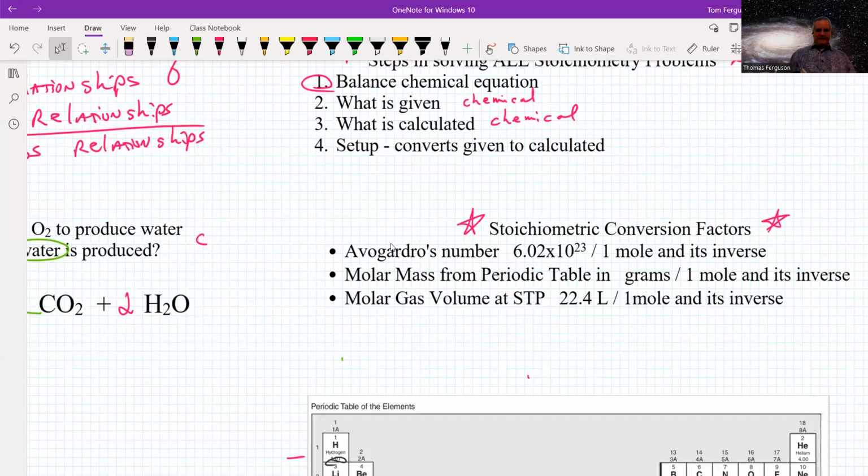The typical conversion factors for this concept. We've got molar mass from the periodic table, where we add up the decimal numbers of each of the chemicals. Avogadro's number, 6.02 times 10 to the 23rd, that's for any chemical.